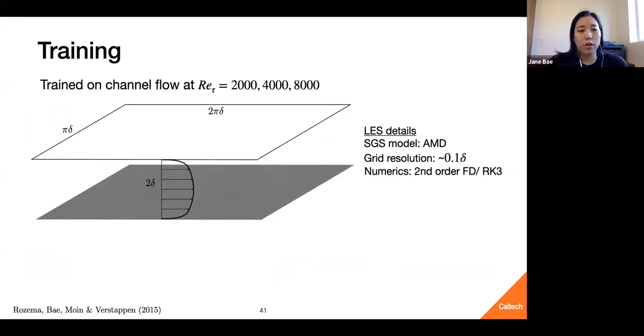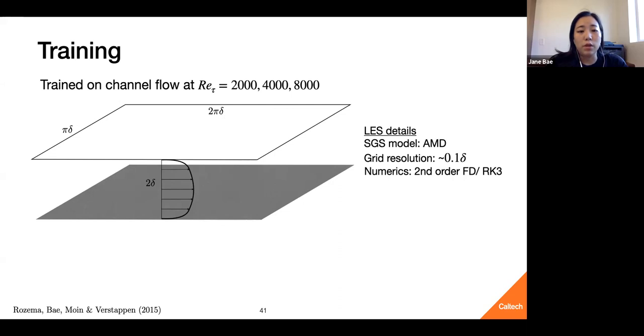So for training, we're going to train on channel flow at Reynolds numbers of 2,000, 4,000, and 8,000. And again, I want to mention, I guess maybe I wasn't clear before, that we're trying to train first on a flat plate case. Our next step is to move on to adverse pressure gradient cases, but here the goal is to set up a framework and to see if wall models can be developed using reinforcement learning.